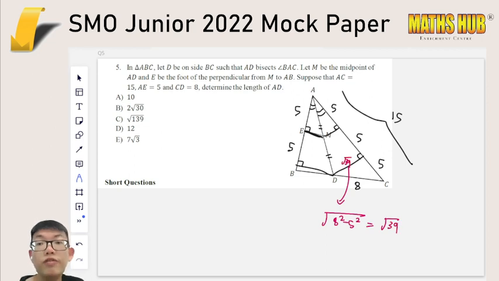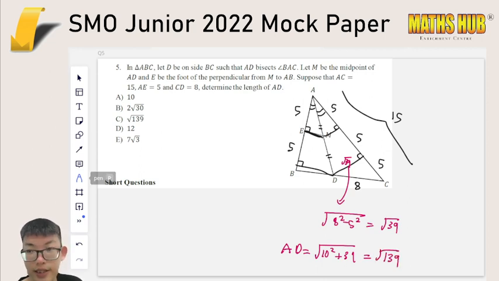And we're supposed to find AD. So to find AD, we use Pythagoras on the other side. So square root of 10 squared plus square root of 39 squared, which I will just write as 39. And so you get square root of 139.